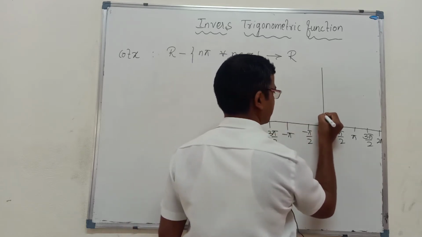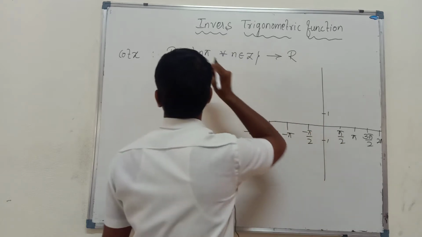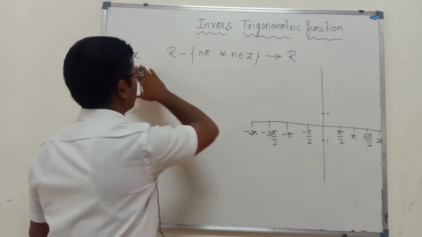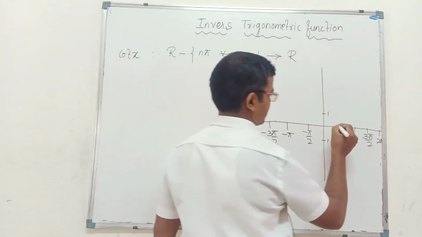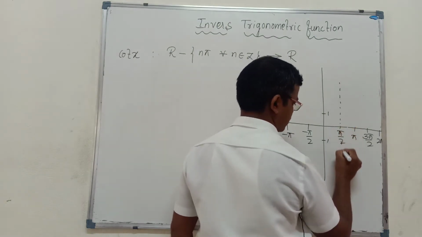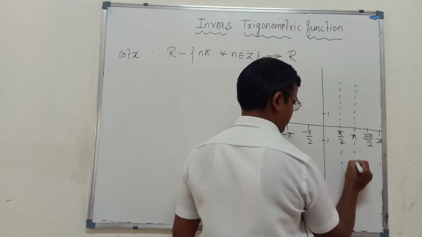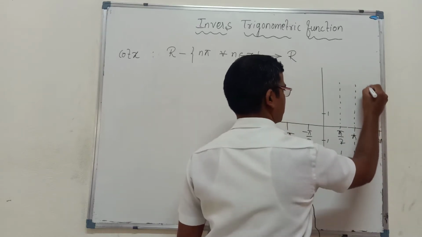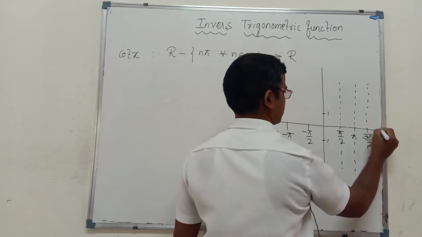Here we take 1 and minus 1. Whenever we draw the graph for cot and tan, we have to divide using the quadrantal lines. Let me divide through the quadrantal angles, drawing the lines for the quadrants like this.